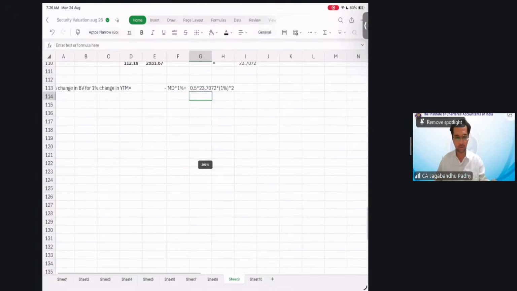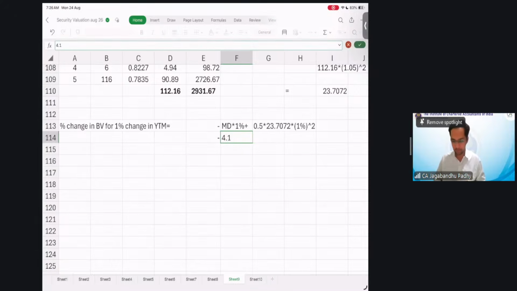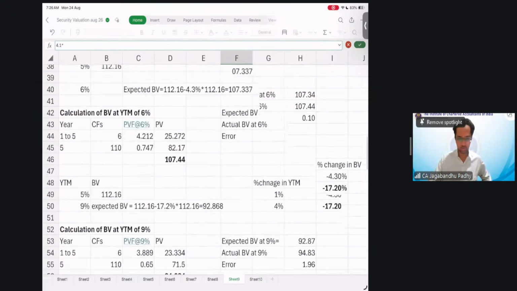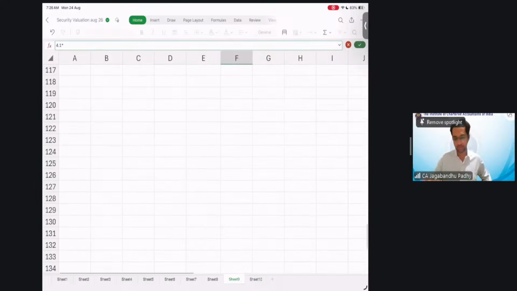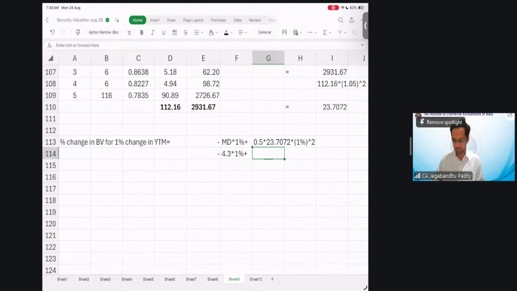So let's try to get the percentage change. Modified duration was 4.3, sorry. Modified duration was 4.3 multiplied by 1% plus 0.5 into 23.7072 multiplied by 1% square.